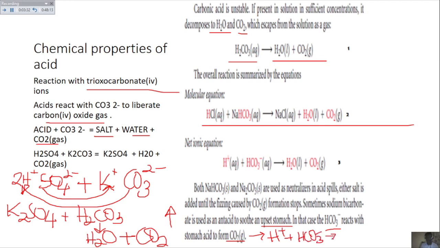They form a weak acid. And this weak acid is an unstable acid that will further give water plus CO2. And what happened to the CO2? CO2 will be released from our body, and that's what actually happens.